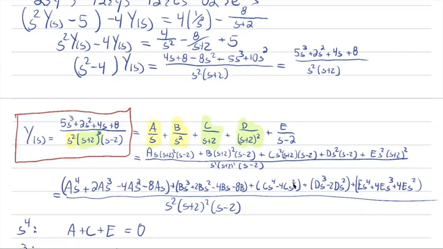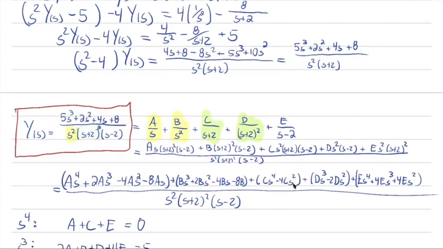When you have this special case of a repeated root, one thing to be careful about is that normally if I have a quadratic term down here, the numerator should be 1 degree less. So when I have an s minus 2, I have 1 degree less, a constant. For quadratics, you might think, well, shouldn't we have a ds plus e over here? Normally we should, but this is a special case when we have repeated roots where we don't need this linear term.